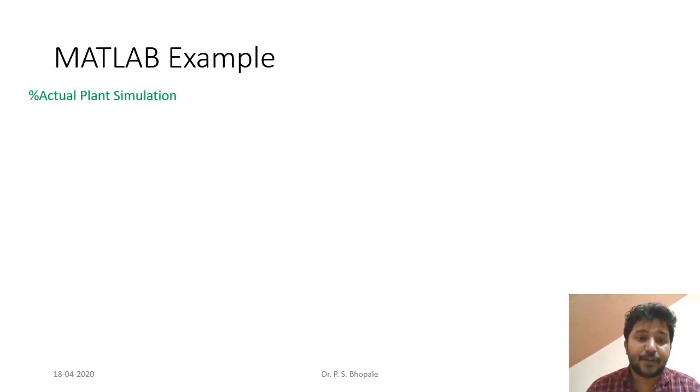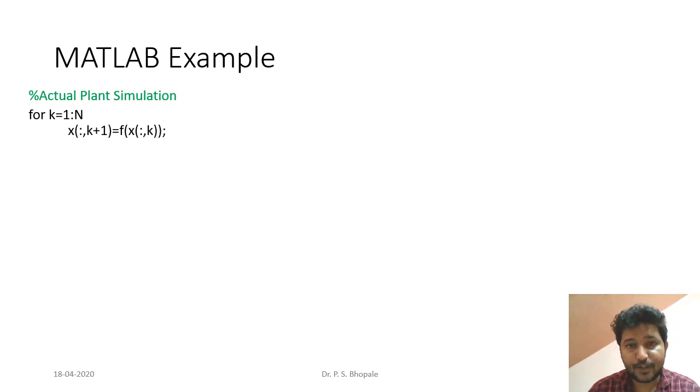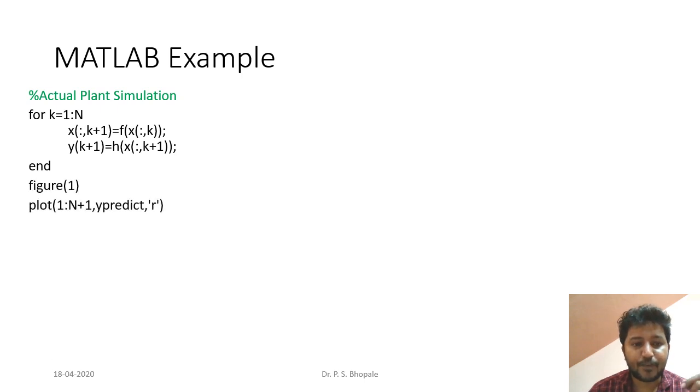Now to implement the actual plant, we will take the number of states in a for loop and apply the function in an iterative process. From the initial condition we will take the iterative process and store that element as x and y, and we will plot that result.